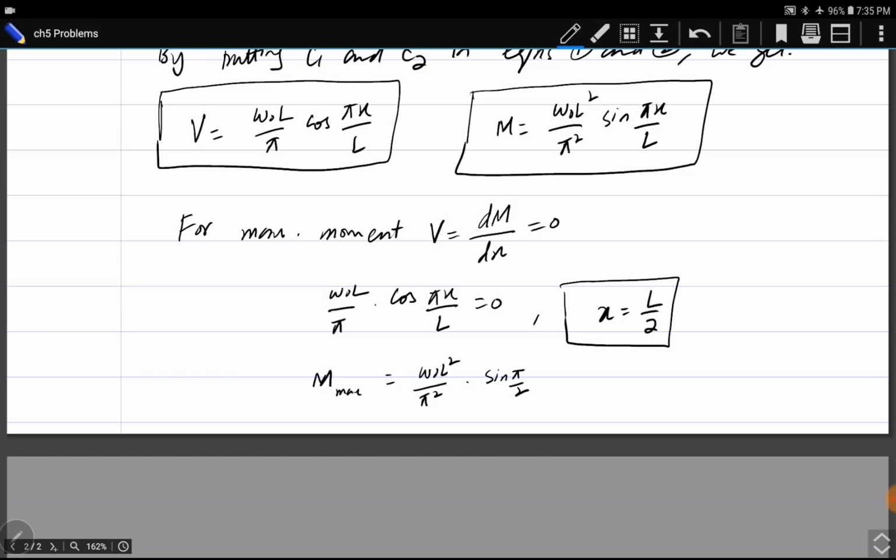And sine of pi by 2 is equal to 1. So this expression is simply W naught L square divided by pi square. This is maximum moment, and this was asked in the statement of the problem to derive expressions for shear force and bending moment and to find the maximum bending moment.